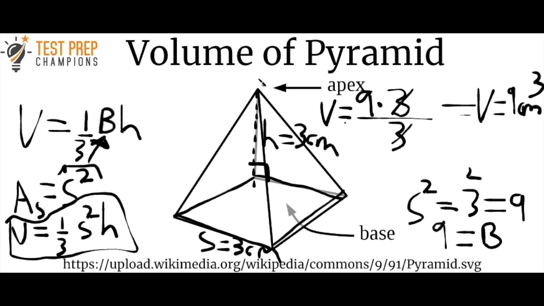And one last thing I just want to mention very briefly: remember the formula for the rectangular prism, it's volume equals base times height. So we note that there's a similarity here. If we had a pyramid and a rectangular prism, and they both had the same base, let's say the base had a side length of 3 on each side, and the area of the base was the same, we could make the following statement about the objects.